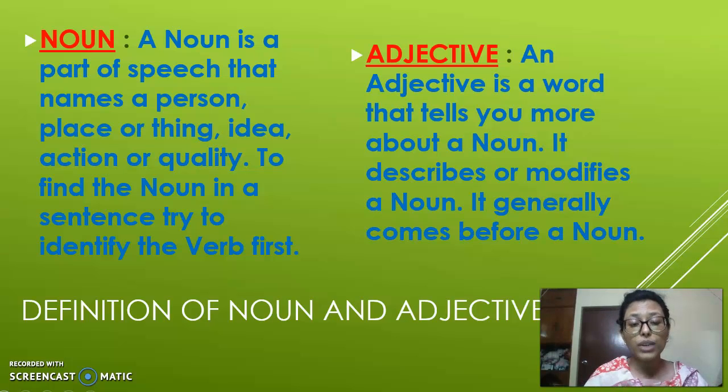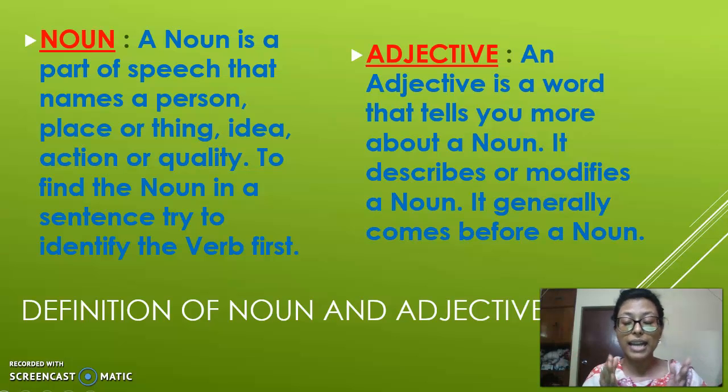To find the noun in a sentence, we need to first try to identify the verb, okay? Even though our topic is transformation of a noun to an adjective, we all need to know the basic things: what are nouns and what are adjectives.